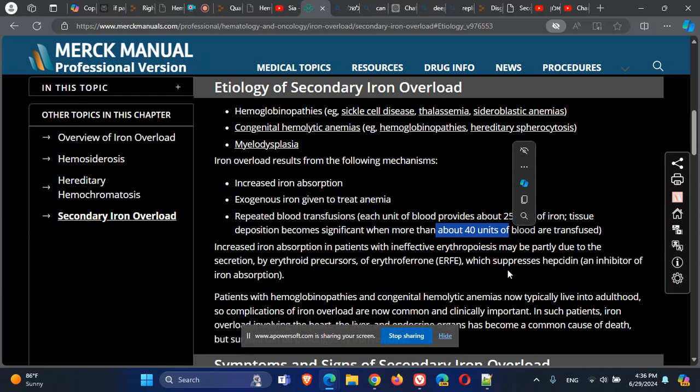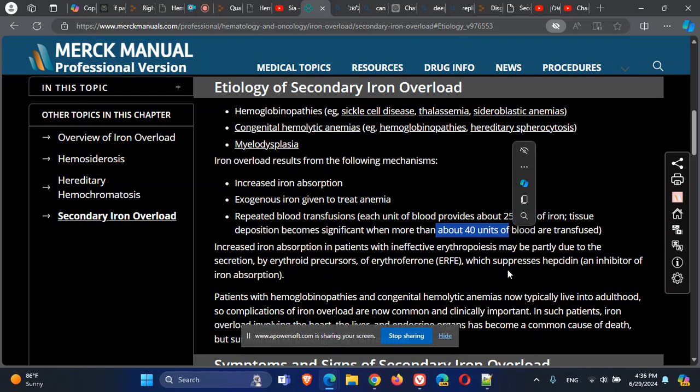This is because it gets to the amount of more than 10 grams of iron. And in hemochromatosis, it's also above 10 grams of iron.